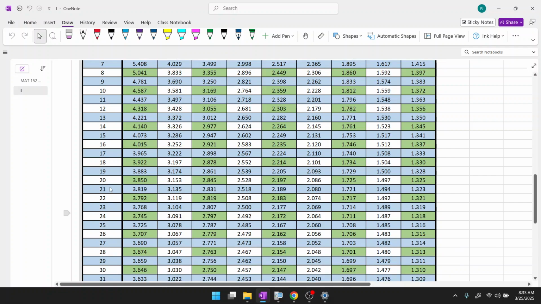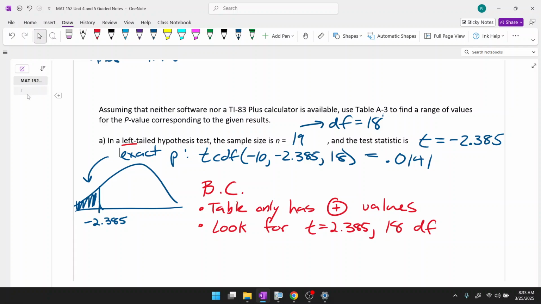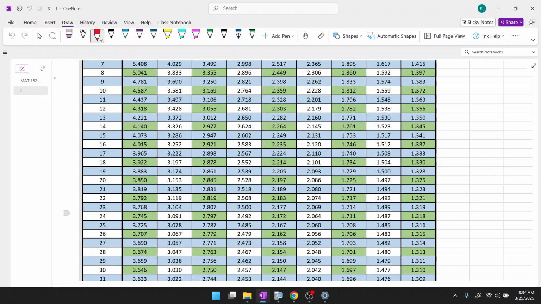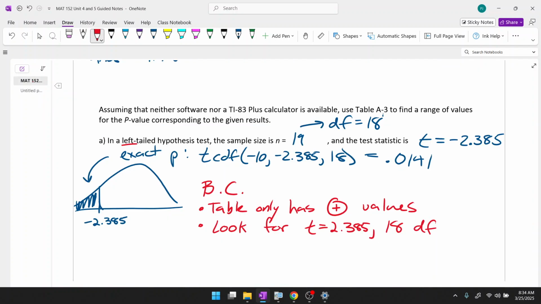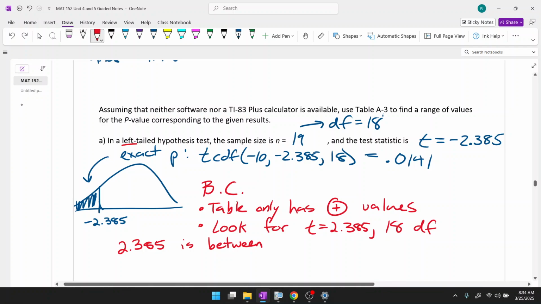Look at 18 degrees of freedom, and you'll want to find 2.385. Now you definitely won't. 2.385 is going to be between these two values here.